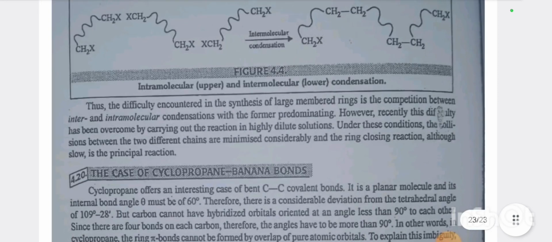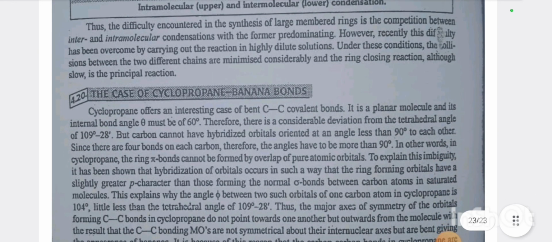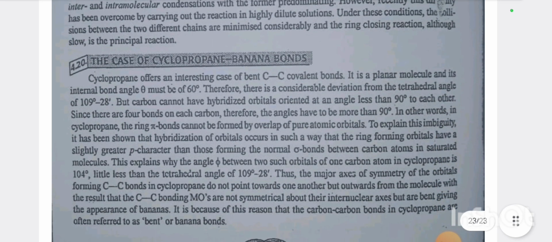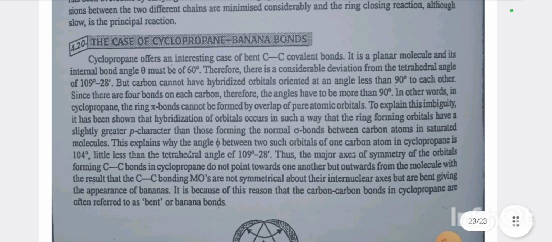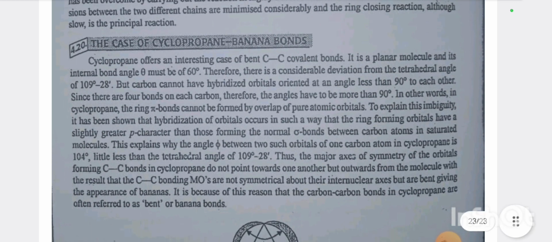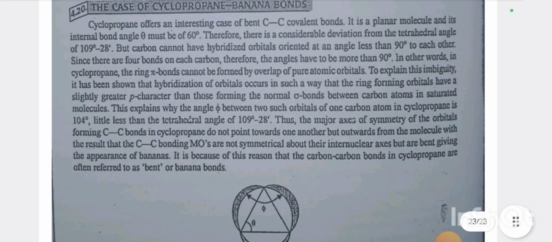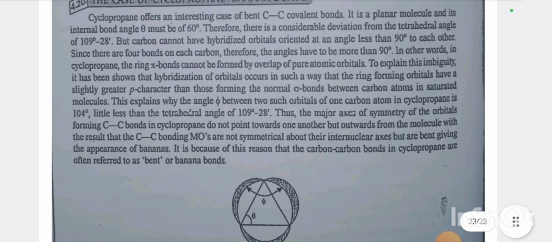Thus, the difficulty encountered in the synthesis of larger rings is the competition between intra- and intermolecular condensation, with either predominating. However, recently this difficulty has been overcome by carrying out the reaction in highly dilute solutions. Under these conditions, the collisions between two different chains are minimized considerably and ring closing, although slow, is favored.